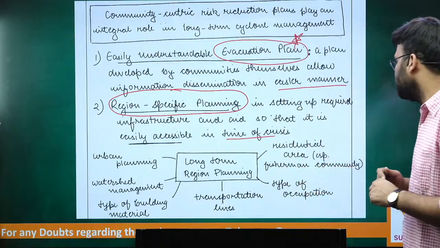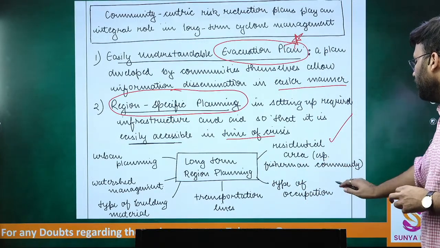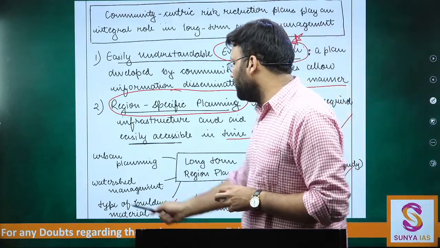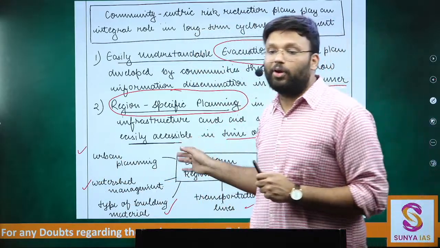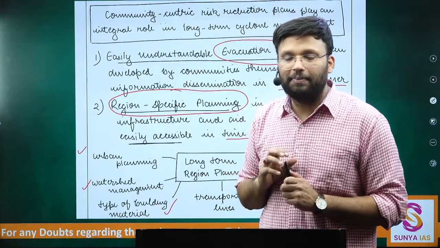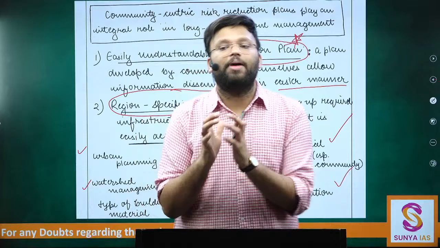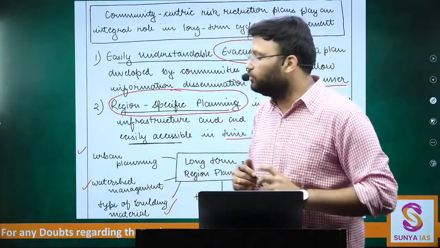What are those sectors? Residential area, especially fishermen and community, type of occupation, transportation lines, type of building material, watershed management, urban planning. You may feel that all this was not exactly asked in the question, but when it comes to cyclone management, long term planning, all of this will become part of the question. Why? I will explain to you.